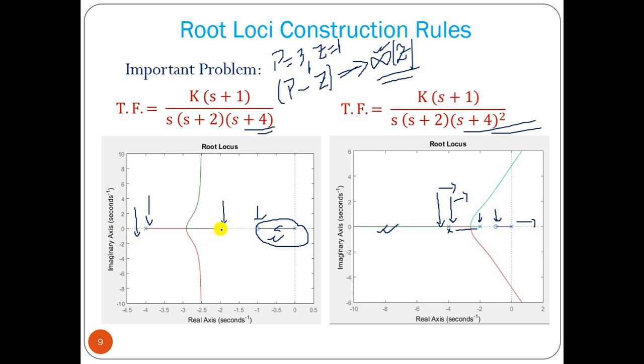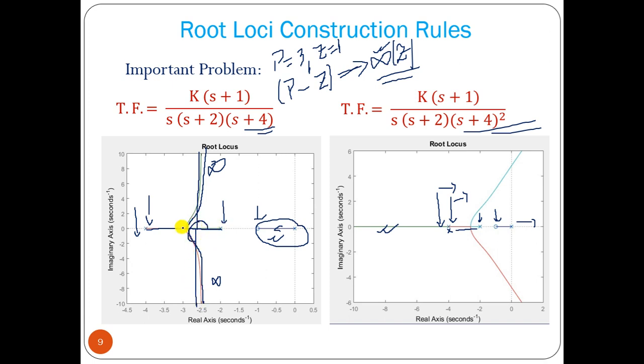That means this pole comes here, then it breaks away and it goes in this direction to this infinity zero. This pole comes here, breaks away, and goes in this direction to infinity zero. Now these two go at a 90-degree angle with the real axis, and this one at a 270-degree angle with the real axis.